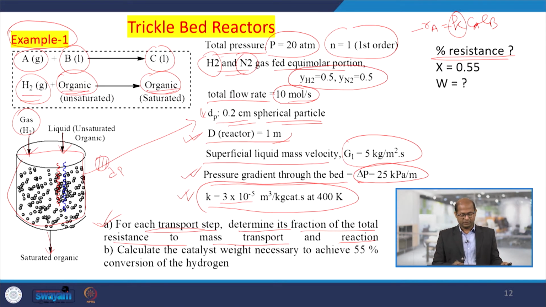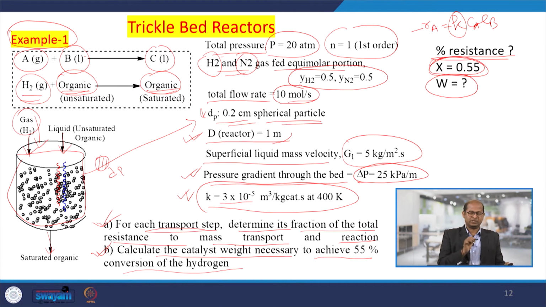The second step is to calculate the weight necessary to achieve 50% conversion of hydrogen. If A is the reactant hydrogen, and 50% conversion of the supplied hydrogen is what we want to achieve for this reaction system, if we conduct it in a trickle bed reactor.